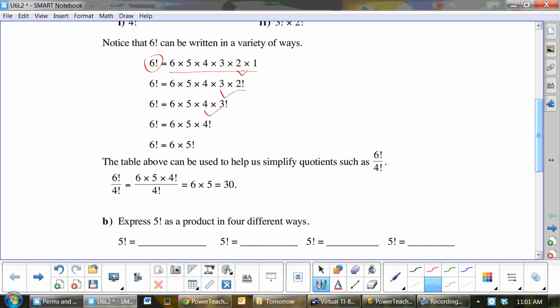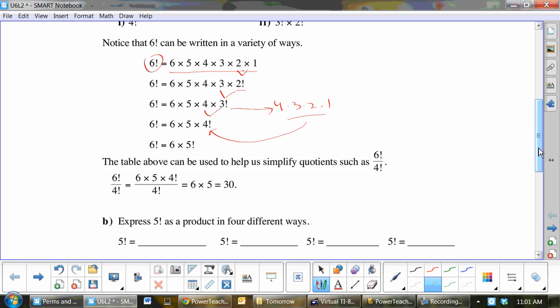Because what is 4 times 3 factorial? It is 4 times 3 times 2 times 1. Well, that's 4 factorial. So 6 factorial can be written as 6 times 5 factorial, which means 6 times 5 times 4 times 3 times 2 times 1.